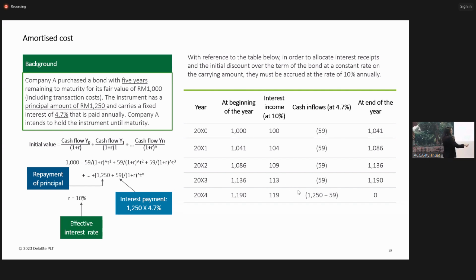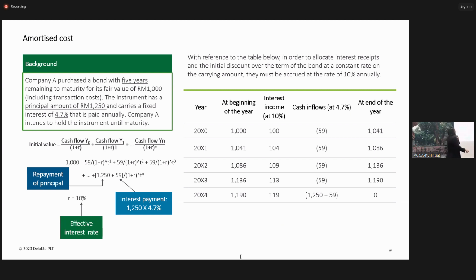Okay, and if you look here at the cash flow stream, this is based on your contract. So how much do I need to receive in terms of this bond? I get 4.7% of 1,250 because that's what the contract says to determine the cash flow. So I have 59 for 5 years, and in the last year, I will receive back the principal amount. That is pure cash flow.